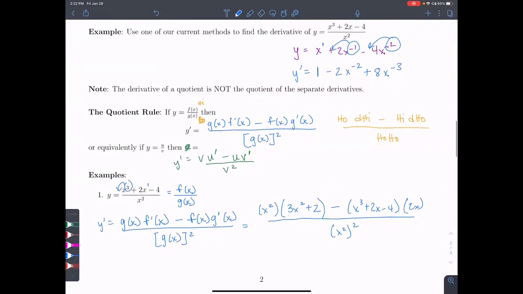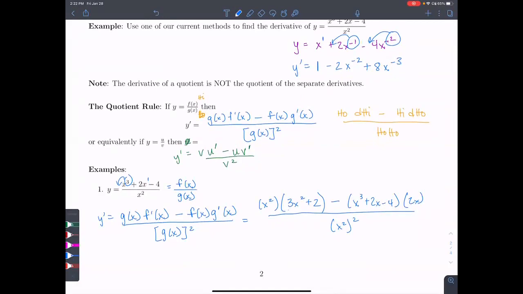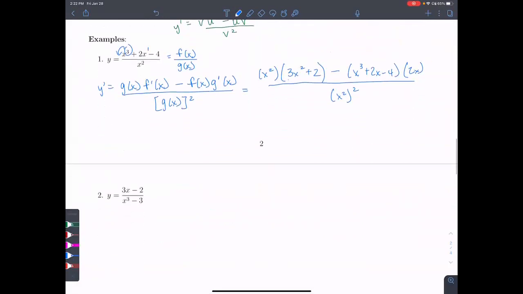I will look at that later and not waste more time on this video. Anyway, that is the quotient rule for that one, and we can keep going.